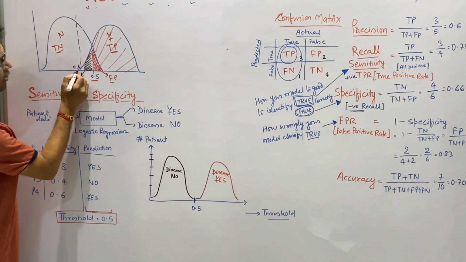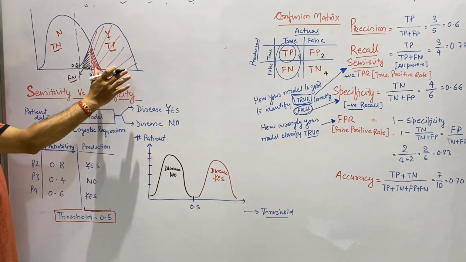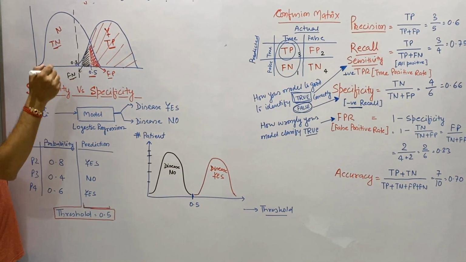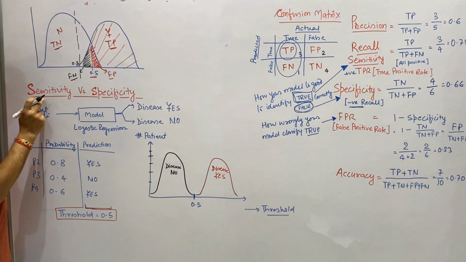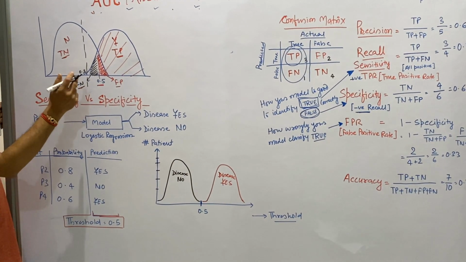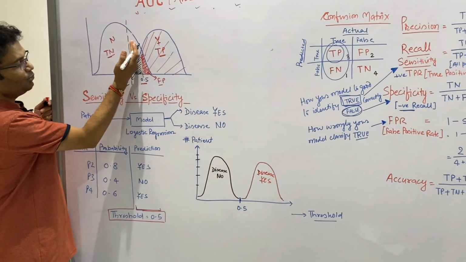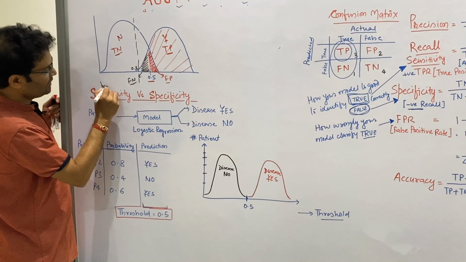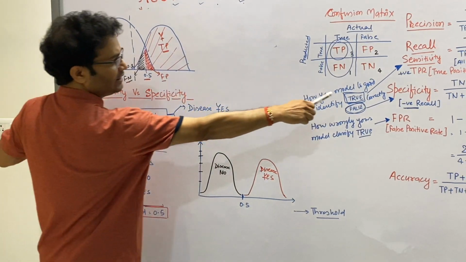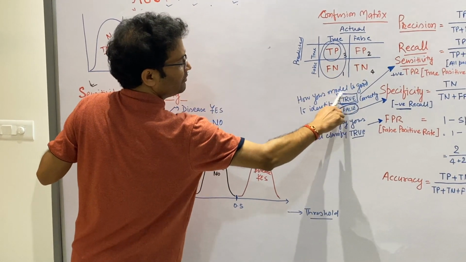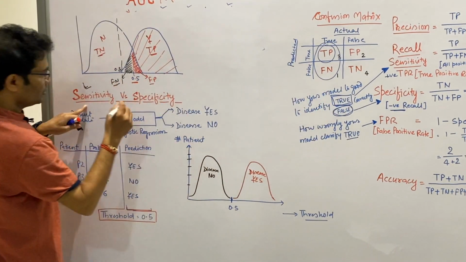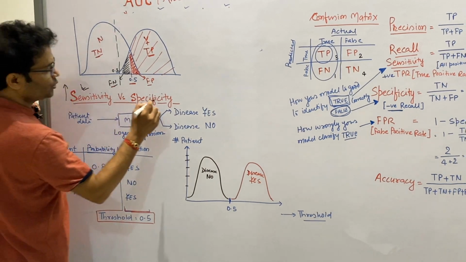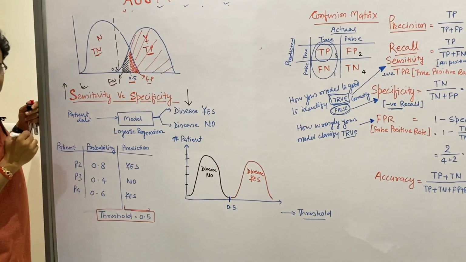All the positives are considered positive, but I have to compromise with the negative values. Sensitivity is saying that they will identify the true value. So when you reduce the threshold, your sensitivity is increasing, but your specificity is decreasing.